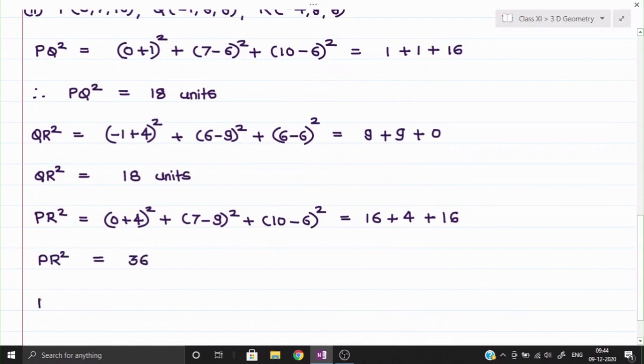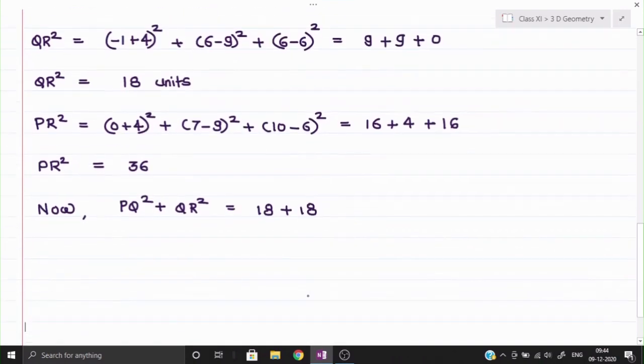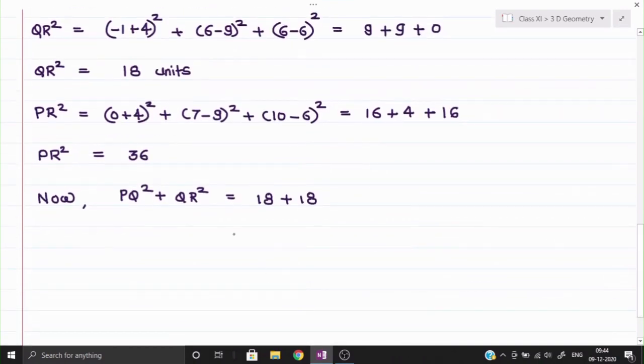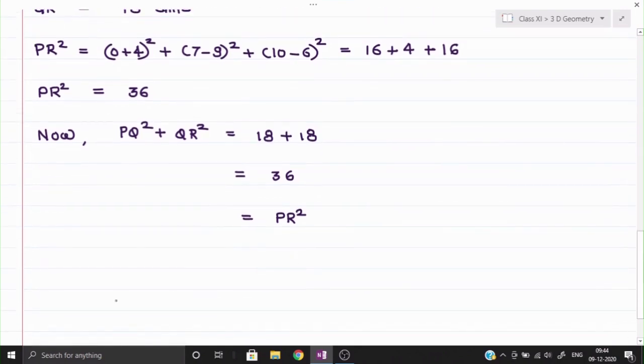Now see, if I add PQ square plus QR square, that will be equal to 18 plus 18, which will become 36, and 36 is the value of PR square.